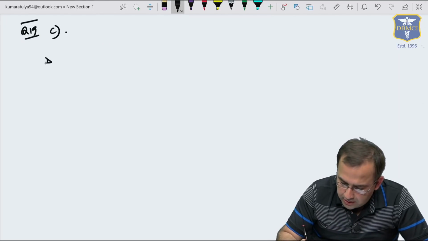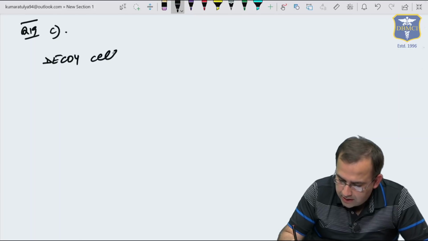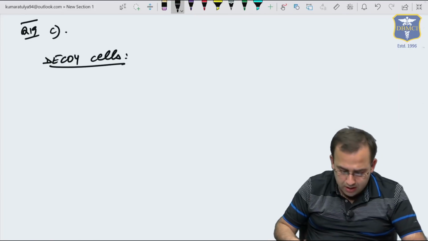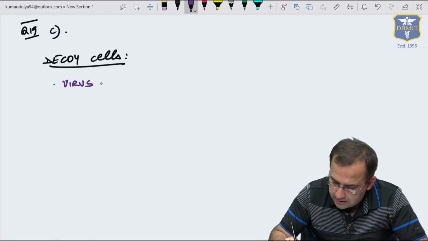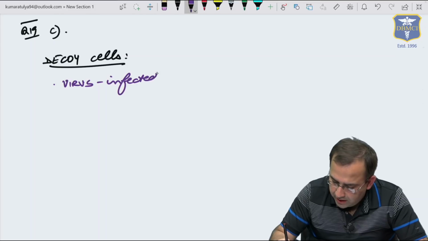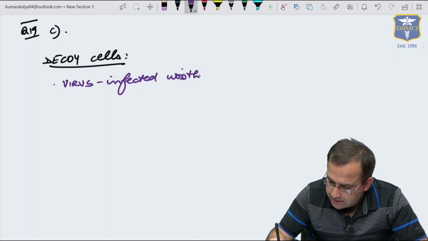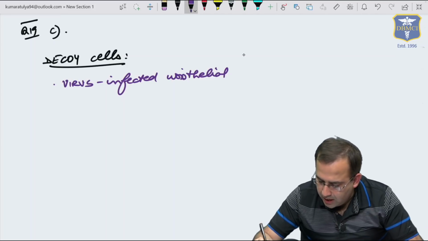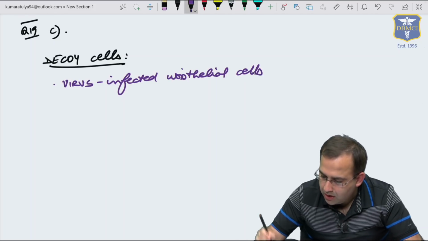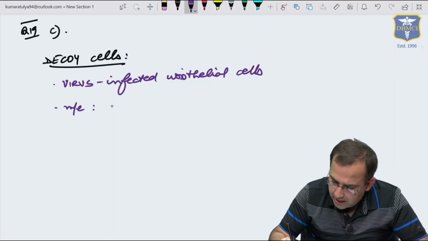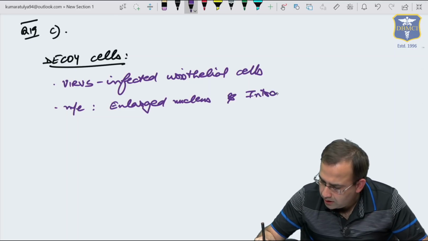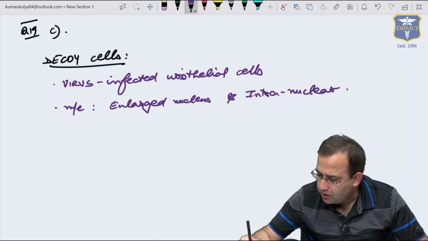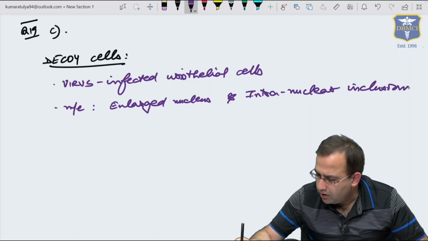Let us have a look at each of these and look at the salient features. Decoy cells are virus infected urothelial cells, which microscopically have an enlarged nucleus and intranuclear inclusions.